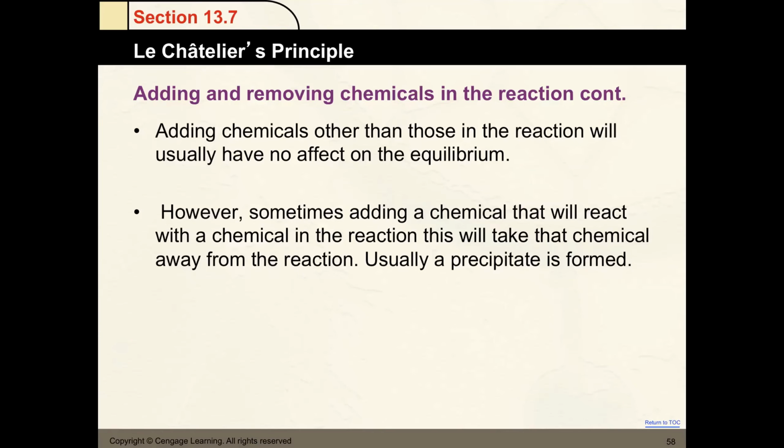So it's kind of like you're eating up or losing that particular compound. So if you add some other chemical that's not even in the reaction, and it will form a precipitant, you have to go back and think about those darn solubility rules. But if it starts to eat up that reactant or product and form a precipitant with it, then the reaction will shift toward that in order to make up for the loss.